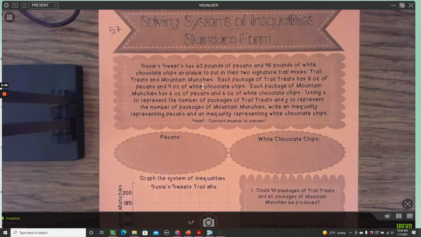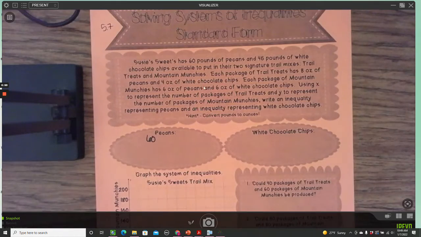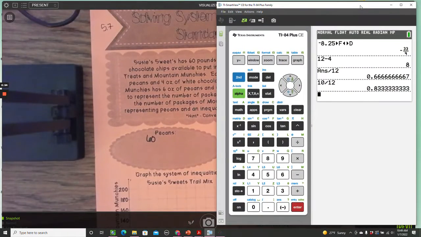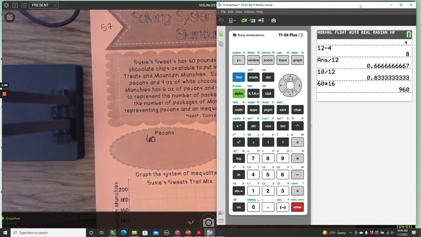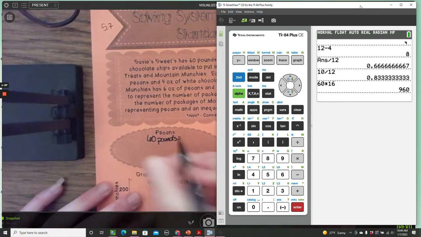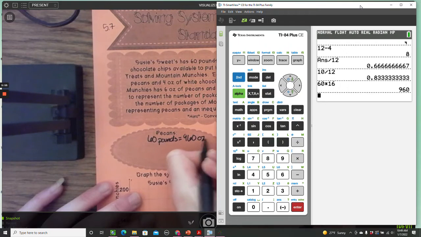So for pecans, we've got 60 pounds. How we convert that, I think it's 16 ounces in a pound. So if we multiply the pounds times 16 ounces, 60 pounds equals 960 ounces of pecans.